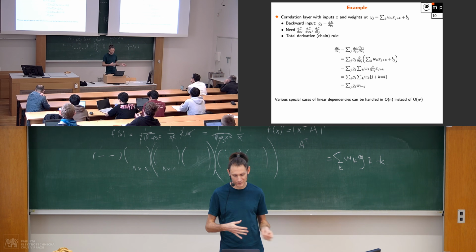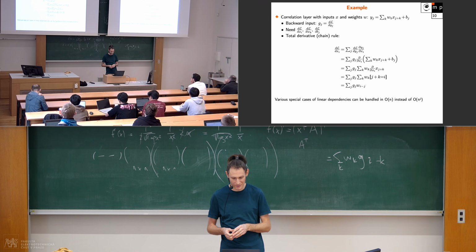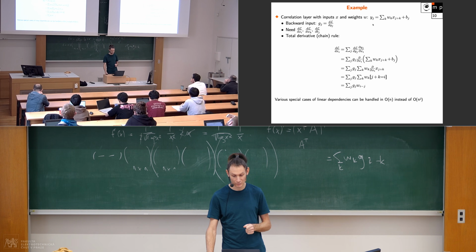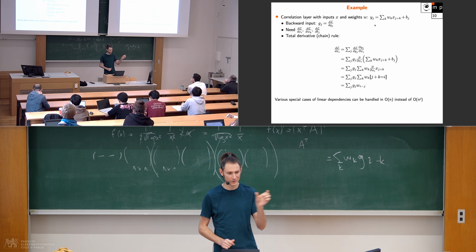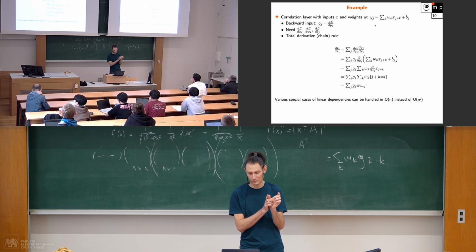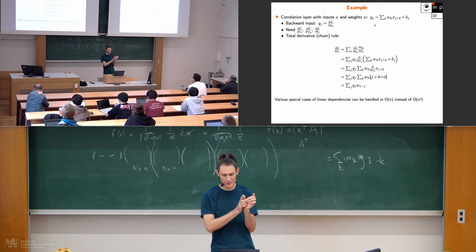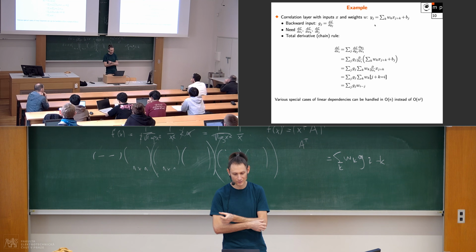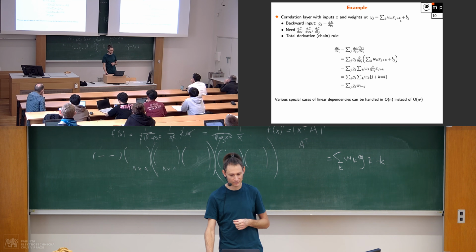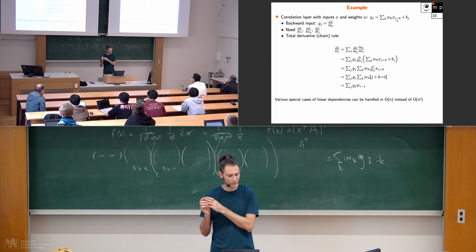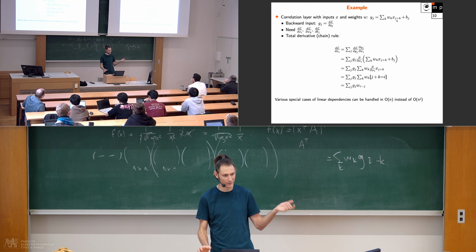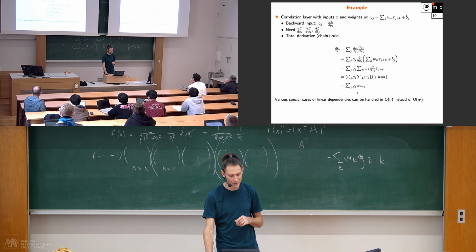One more takeaway from this is that if the weight kernel, this filter, is of small width, then the forward pass, this convolution, can be computed in linear time in the length of the input, and the backpropagation can also be computed in linear time.